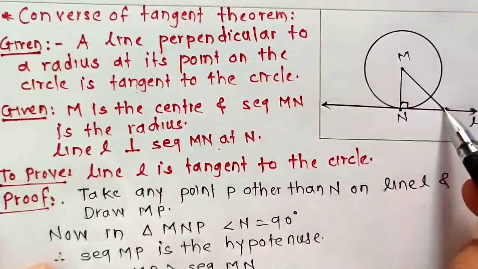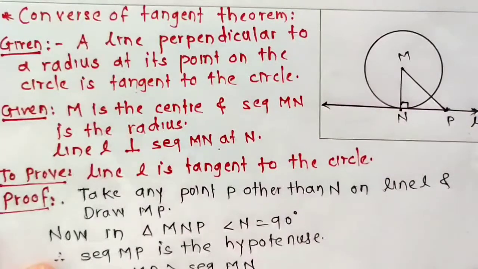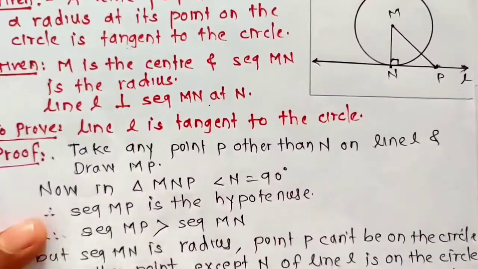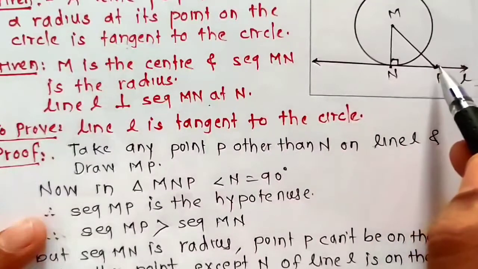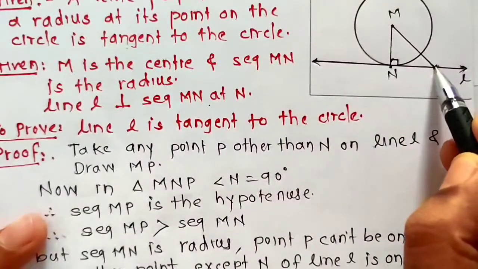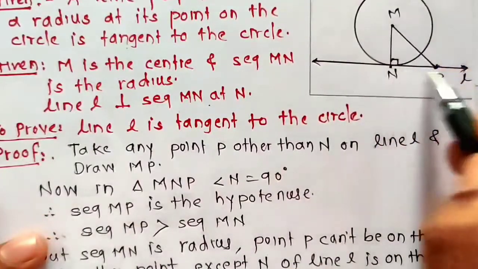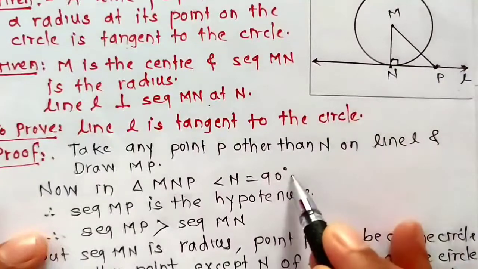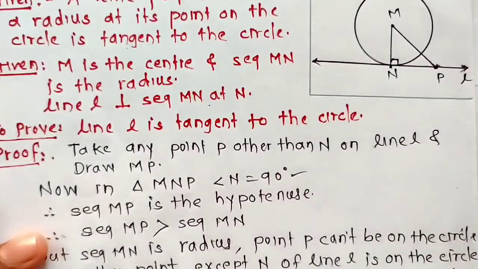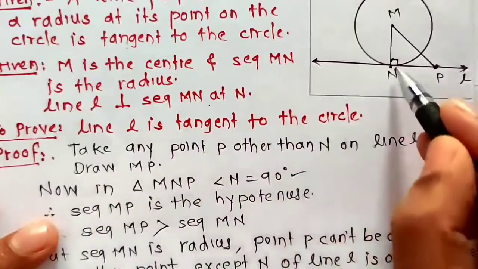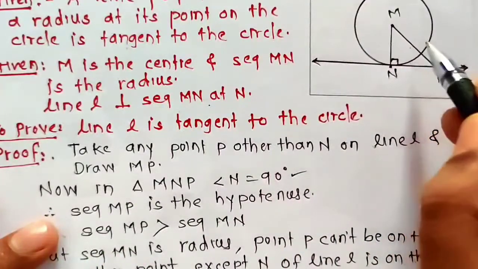So take another point P on line L other than N, and join MP. Now consider triangle MNP. In triangle MNP, angle N is 90 degrees, and you know, in a right angle triangle, the side opposite to 90 degrees is called the hypotenuse.